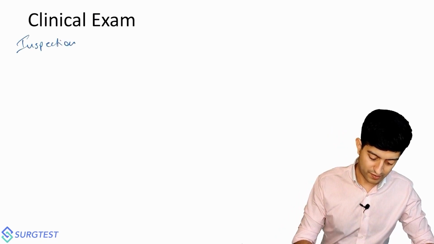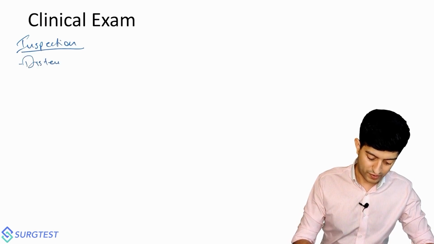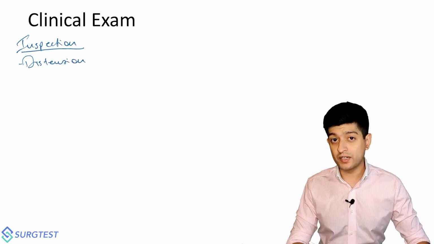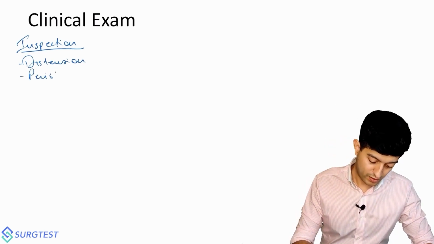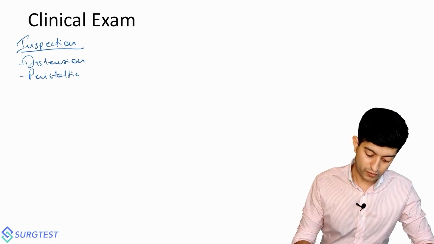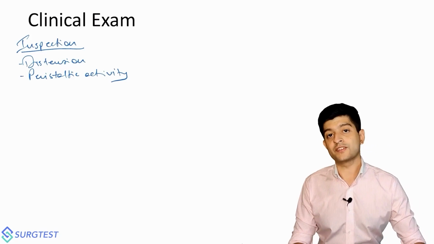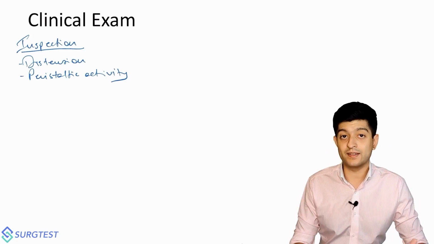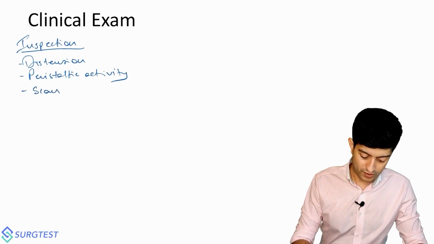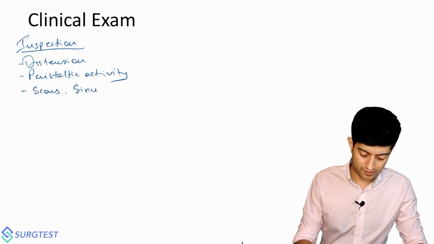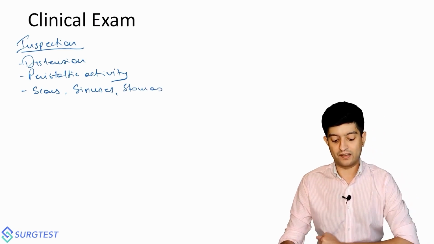What exactly is constituted within the clinical exam? Very easy once we consider the standard headings. On inspection, you're going to check what's happening to the abdominal distension. In fact, in certain patients, you may be able to visualize the peristaltic activity if the patient is particularly thin and the obstruction is severe. You want to check out what scars, sinuses, and stomas the patient has.